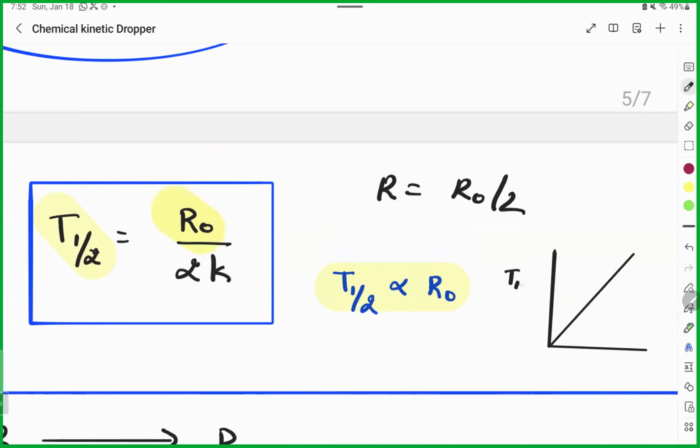This is T half, this is R naught, directly proportional, and the slope will be 1 by 2k. Here the slope value will be equal to 1 by 2k. Make sense? Yes, sir. So if you know the formulas, it's easy to correlate the graph.